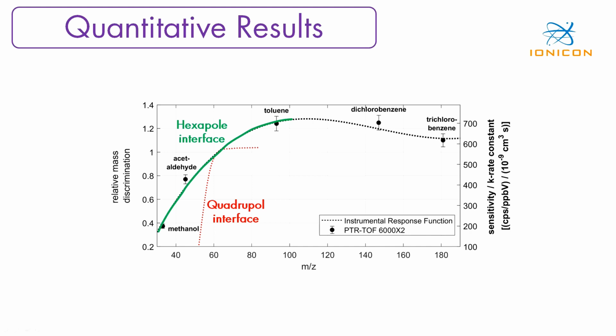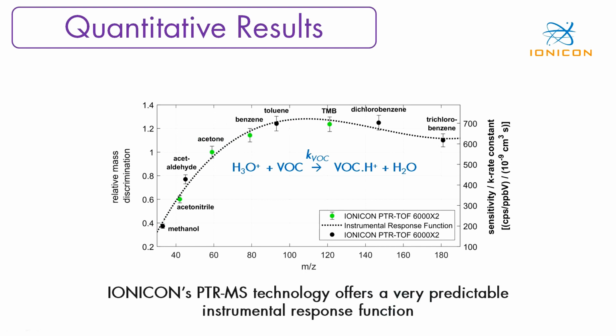To illustrate the advantage of the hexapole, I have also added an example for a quadrupole interface that shows a much more distinct cut towards lower mass over charges. Now let me add some more compounds from the calibration gas standard to double-check the instrumental response function. These additional points clearly agree with the calculated instrumental response function.